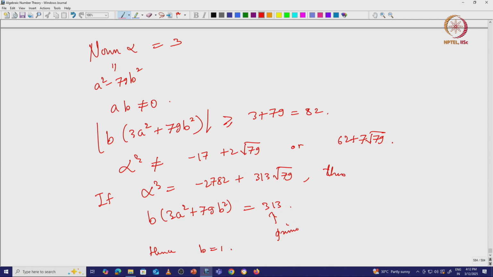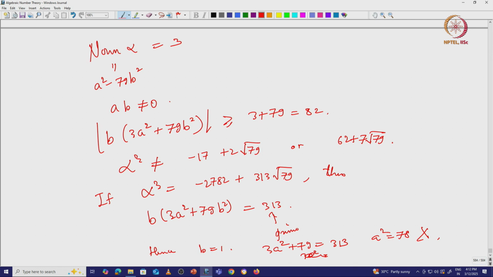The thing in the bracket is at least 82, so that can't be 1. So, the only thing that remains is b is 1. So, you get 3a squared plus 79 is equal to 313, and so a squared is equal to 78, which has no solution.